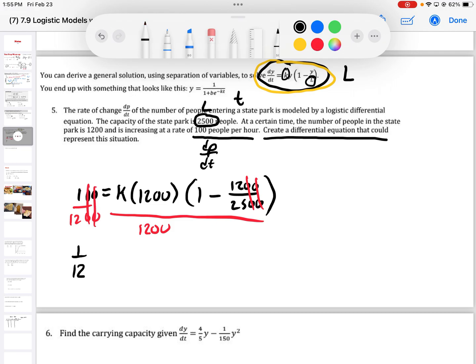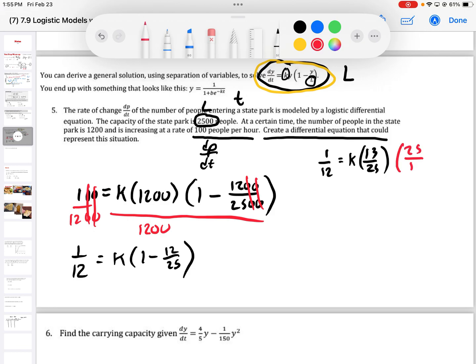So I have 1/12 is equal to k times 1 minus 12 over 25. Multiply by 25, get 1 to be 25 over 25. There's actually 25 minus 12, which is 13 over 25. Nice. Multiply by the reciprocal. So that's 25 over 13 times 12, which is 100.